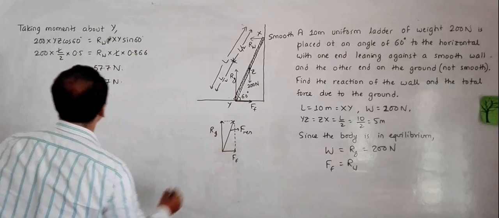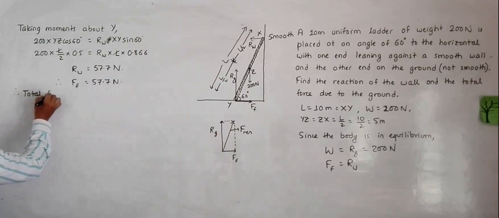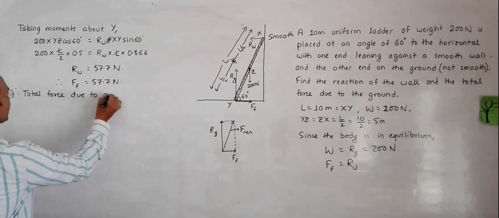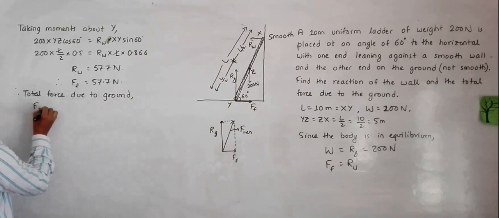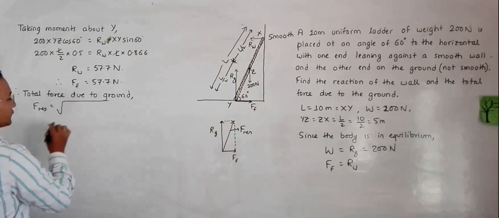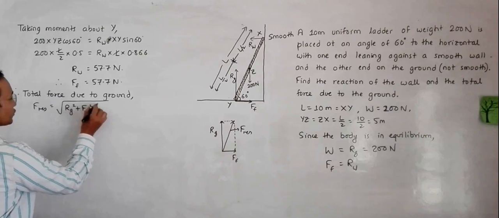So therefore the total force due to ground, given by the resultant force, is equal to root of Rg square plus Ff square.